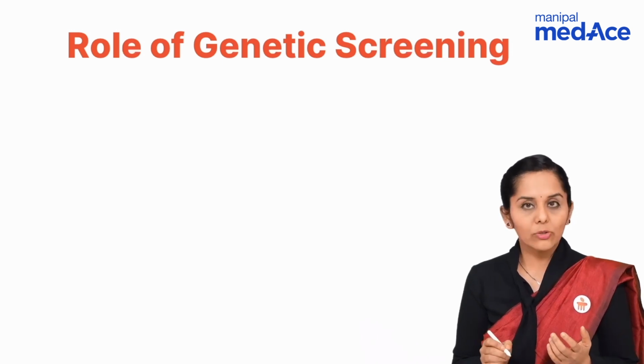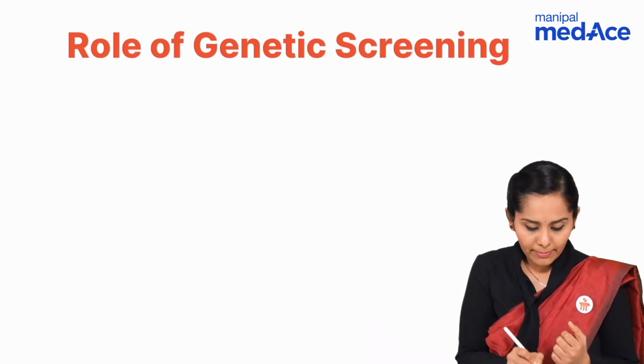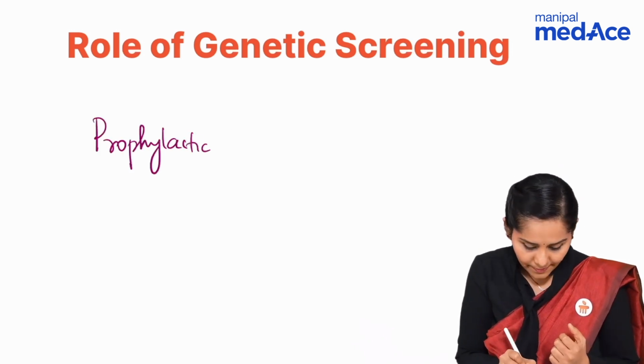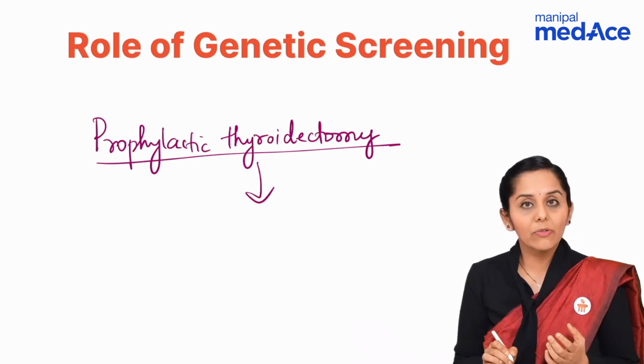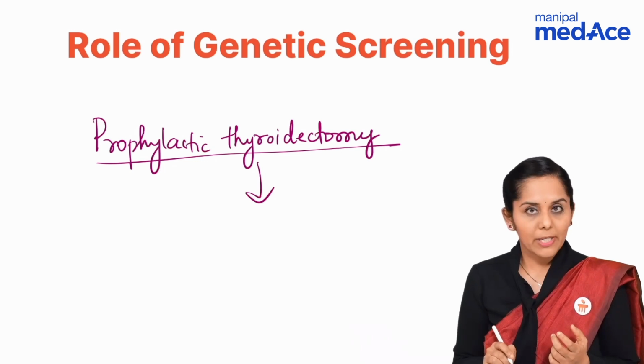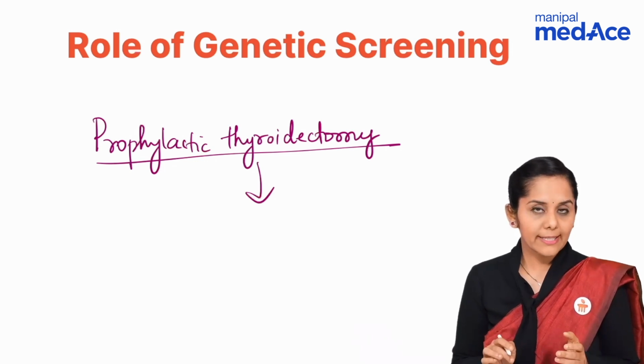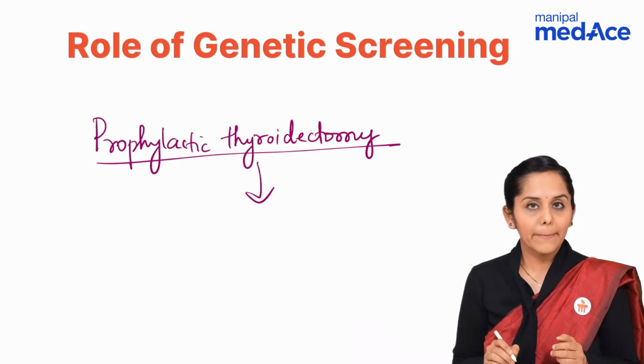So if you find out those carriers, it is important to do a prophylactic thyroidectomy to prevent the inevitable development of medullary carcinoma of thyroid that's going to be deadly in these patients. Whereas the role of genetic screening is minimal with respect to MEN1.